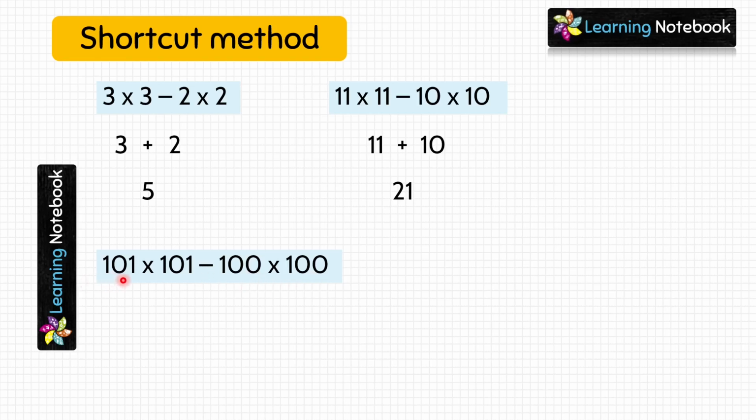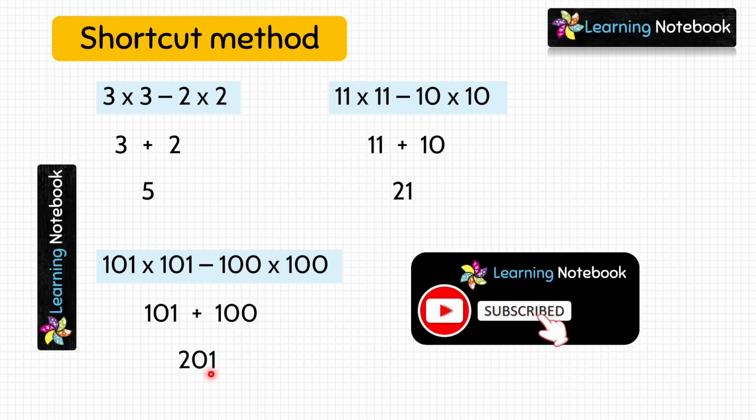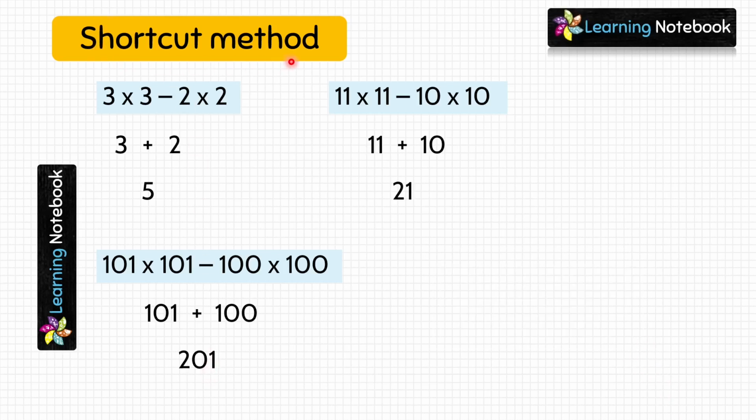So here first number is 101 and second number is 100. So add them and we get the answer as 201. Right students? So now I am sure you have understood how to use this shortcut method to find the difference of square numbers.